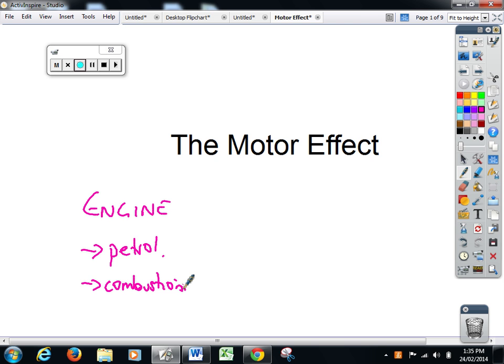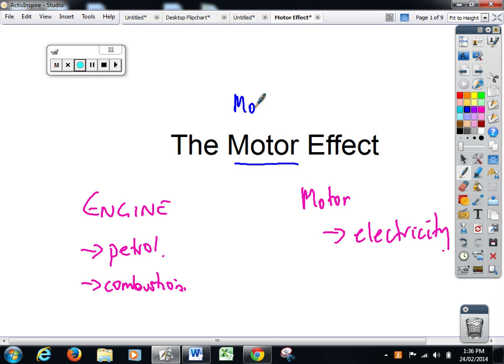We are not talking about this. This is a motor. A motor is an electrical device. So we use electricity to somehow create motion. And the word motor itself comes from a Latin root, moto, which means movement.